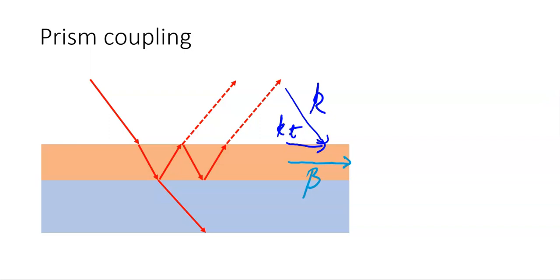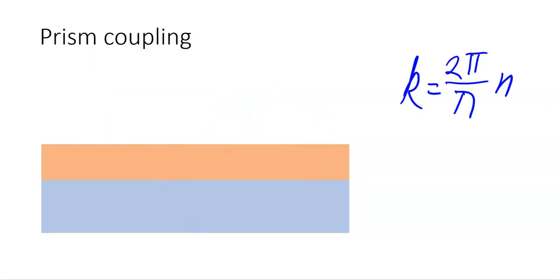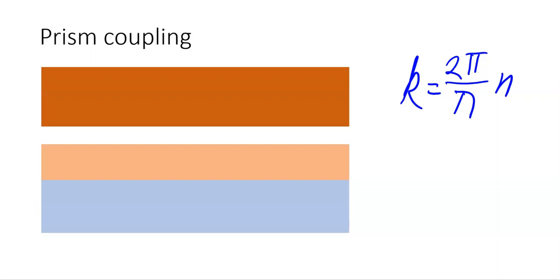This can be realized either by a prism, a diffraction grating, or scattering. By inserting material with higher refractive index on top of the cladding, we can increase the wave number of the incident wave.